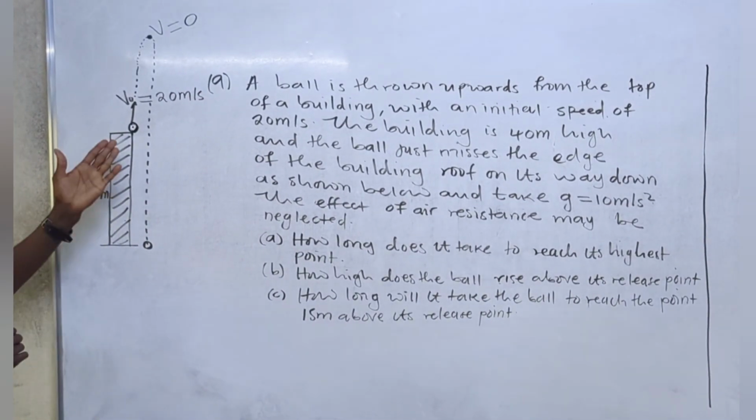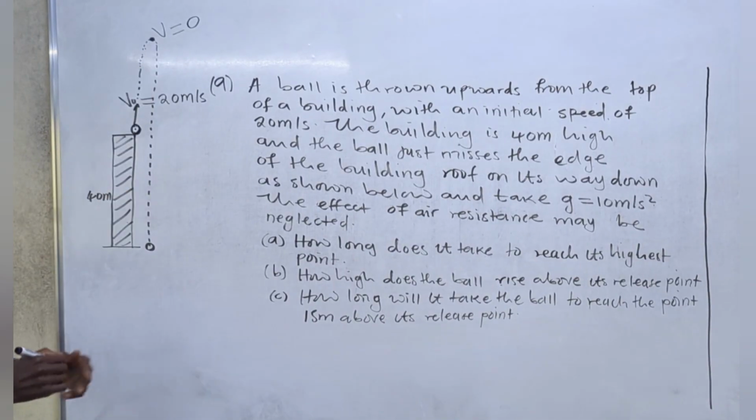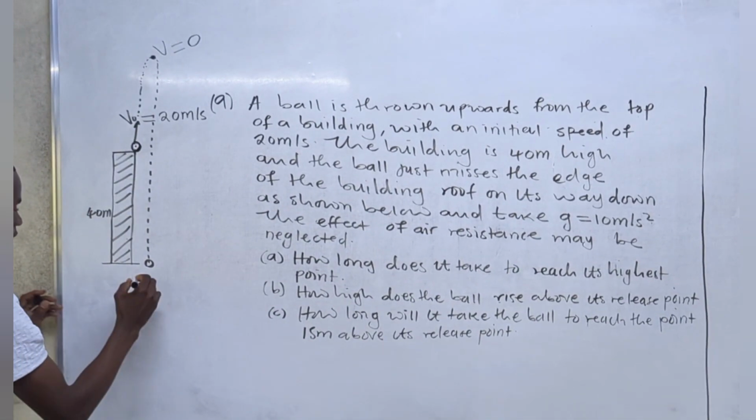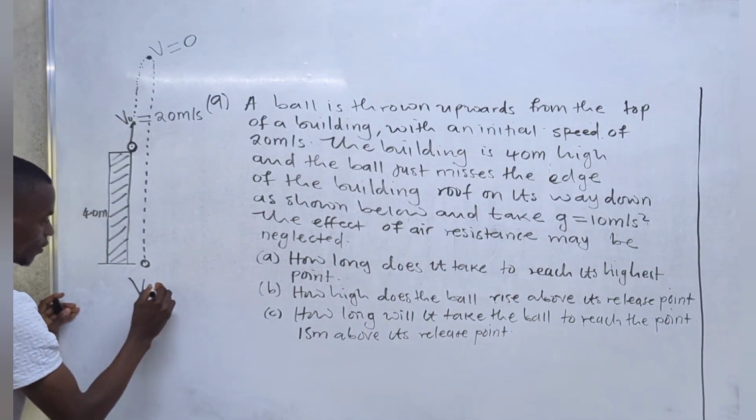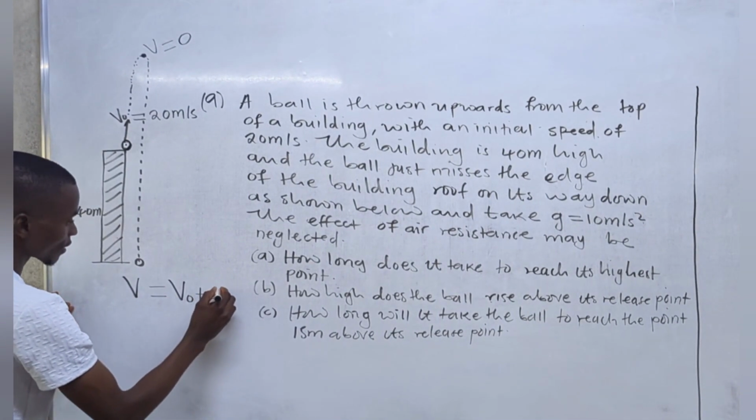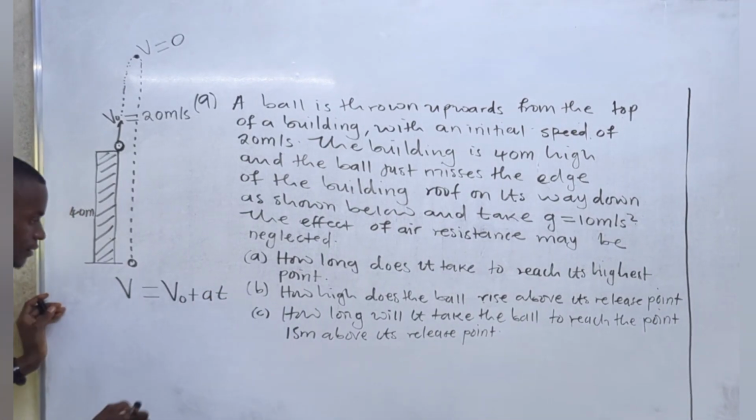What do you do to come up with the time to move from here up to the maximum point? You use an appropriate formula, which is written like v final equals the initial velocity plus acceleration multiplied by t.